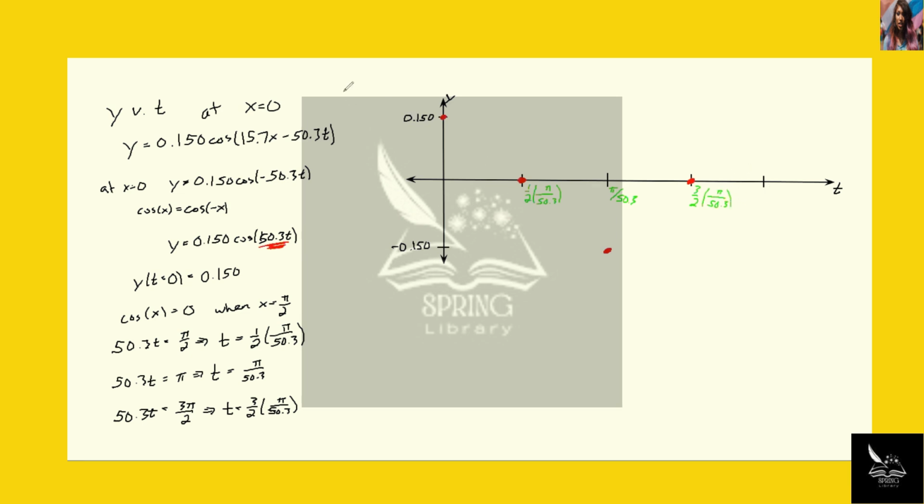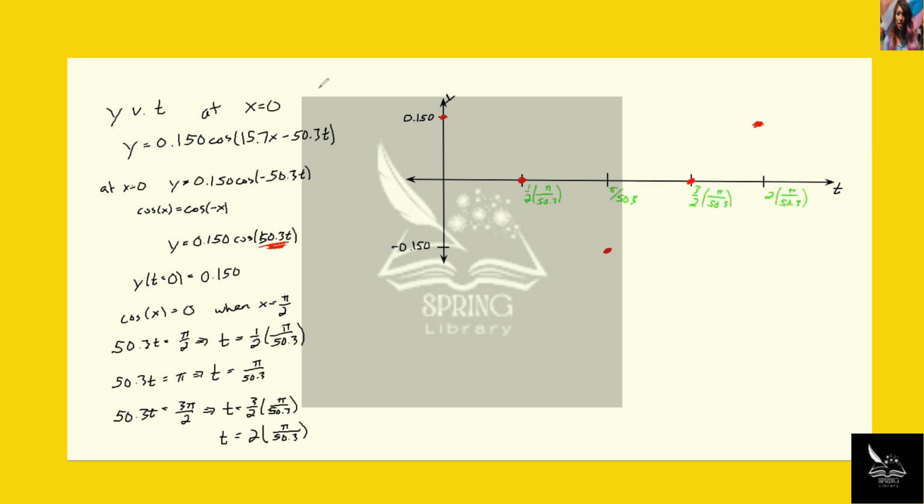And then finally, we know it goes back up to the maximum value when the argument of the cosine equals 2 pi. And we find that that happens at t equals 2 times pi over 50.3. And once again, we can label that on our plot, 2 times pi over 50.3.